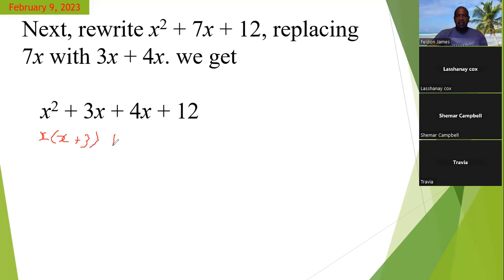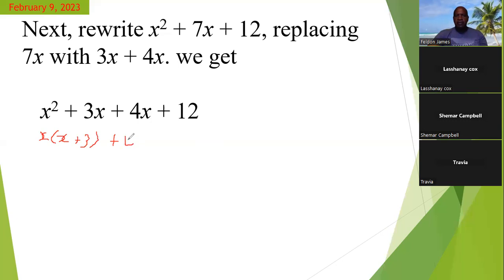Close that bracket. Now this one, what is common here? What is common in terms of 4x and 12? There's no obvious x that is common, but for the numbers, we look for the highest number that can divide both 4 and 12. What would that be? 4.